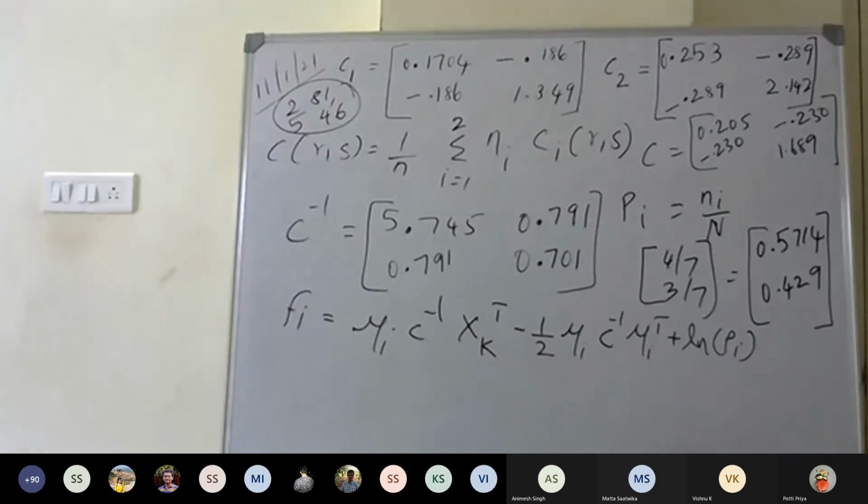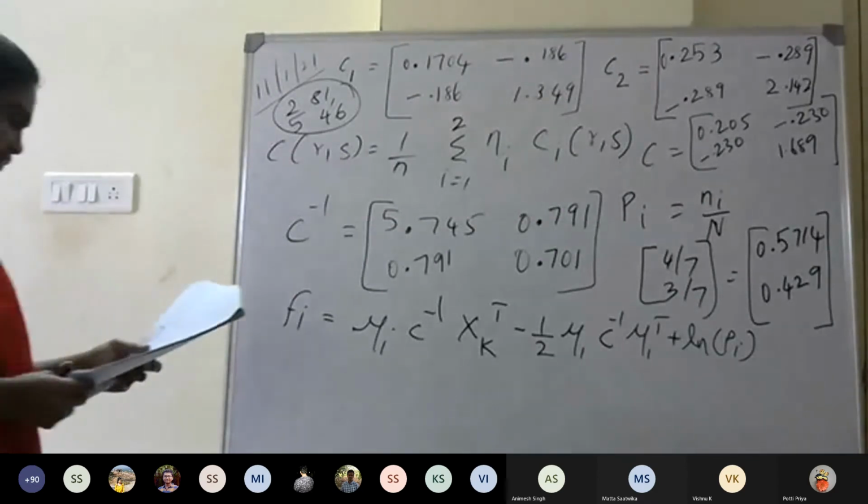So the mu1 is 3 point, as you can see. I will share the screen once again and explain. The substitution is not shown here, so I will write it.